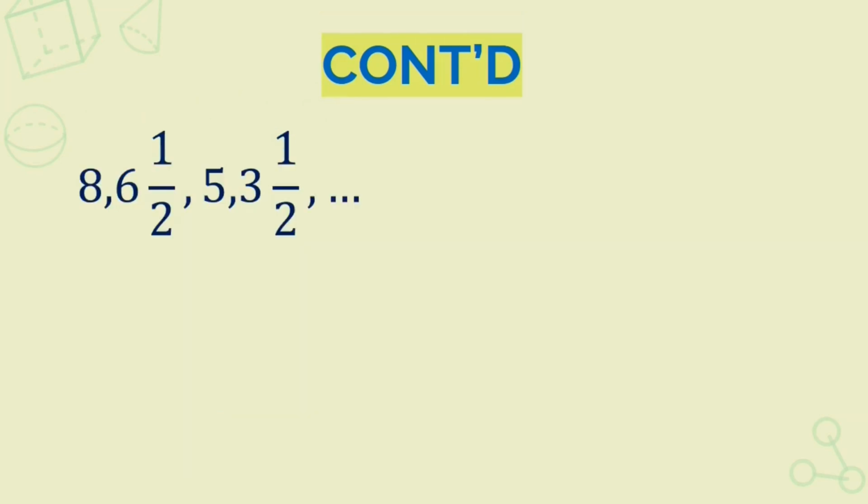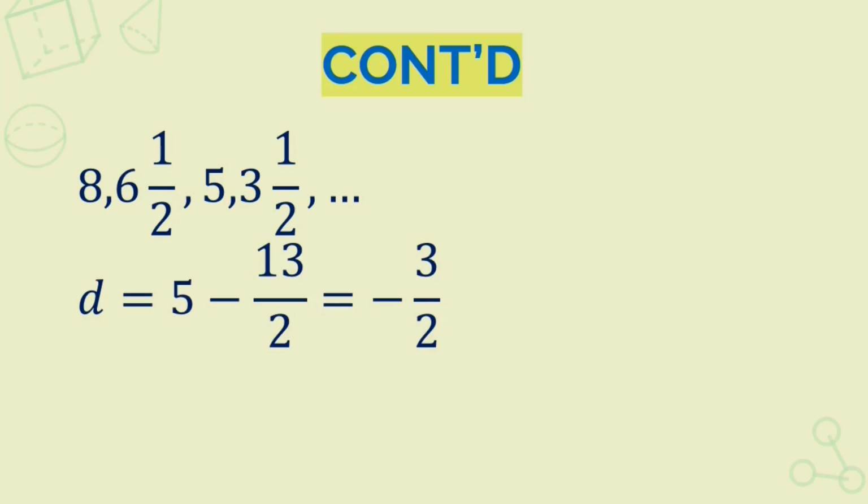In the same way, if I pick the number 5, I subtract the previous number, which is 6 and a half, from it. That becomes 5 minus 13 over 2. Remember, 13 over 2 is the same as 6 and a half. When we perform the subtraction, we produce negative 3 over 2.